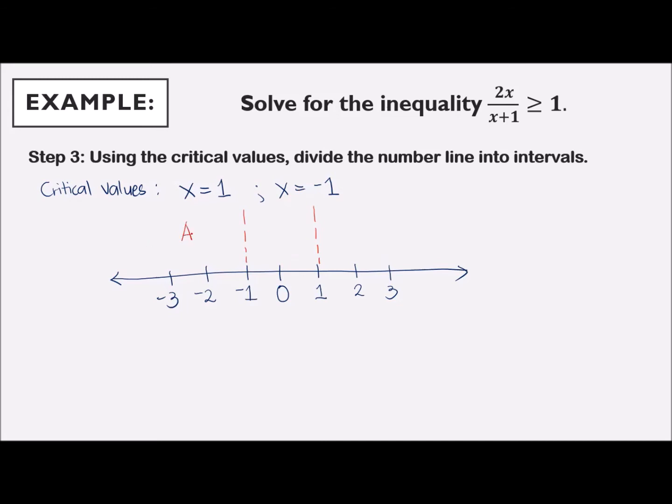You have this part A, mula kay -1, going down kasi mas pababa pa ang values niyan. And then yung gitna ng -1 and 1, that's part B. And then we also have the part C, yung nasa kanan naman ng 1. So, kumbaga, boundaries natin si -1 and 1. Okay? So, yan yung critical values.